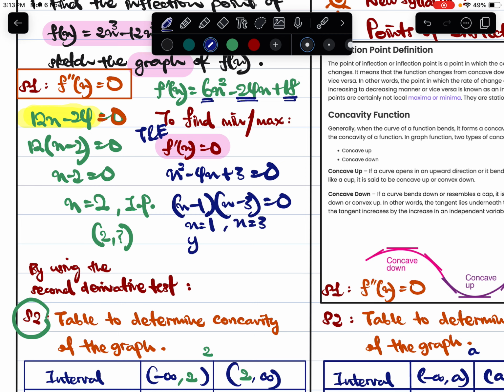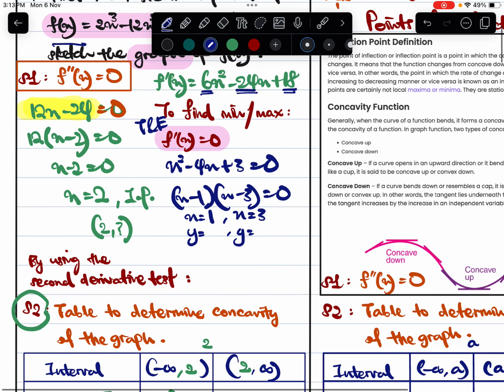Then I can move forward in finding my value of y as well. We want to find a point, isn't it? So use your calculator, substitute the numbers 1 and 3 into the original function f(x), and I got 13 and 5. Therefore, my points are (1, 13) and (3, 5).